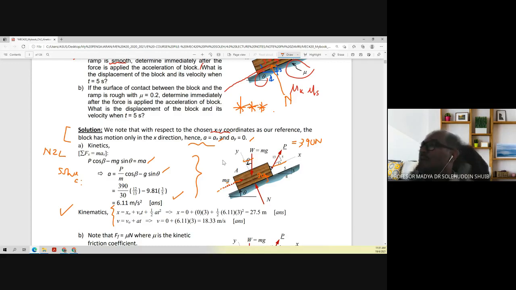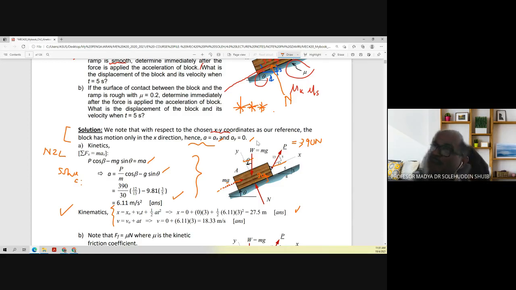Simply substitute the values: v0 t plus half a t squared. The value of a you have obtained is 6.1, and the time given in the problem is 3 seconds. So after 3 seconds, the displacement is 27.5 meters.